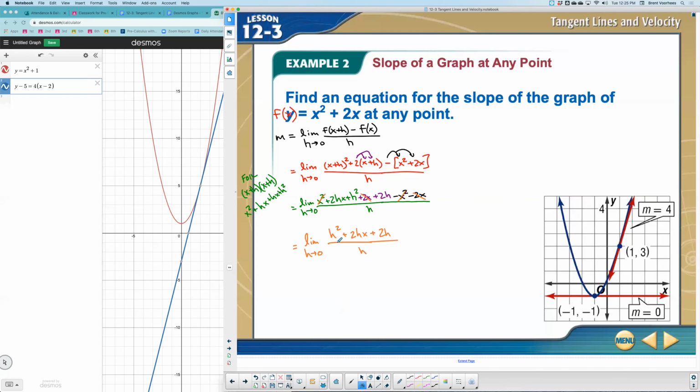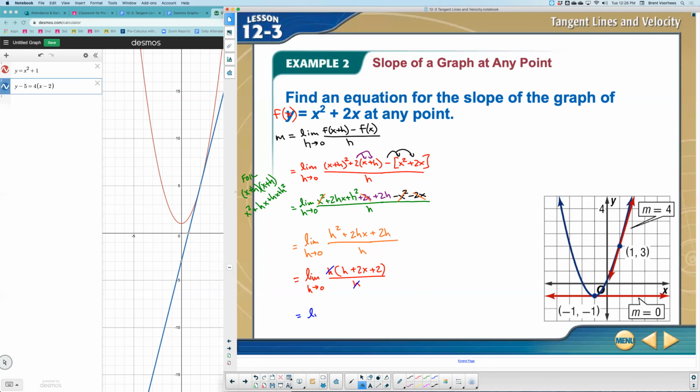Again, I have a common factor in the numerator, a greatest common factor of h. So I could simplify this by saying this limit as h approaches 0 is equivalent to, if I do a GCF here, h I would divide out, so I'd have h plus 2x plus 2 all over h. And we can see that these h's would simplify with one another.